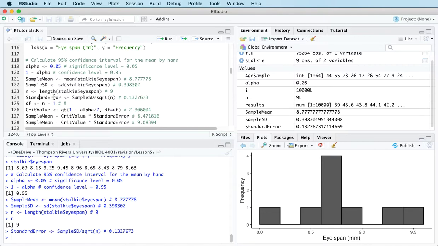And the reason I'm doing that is because I want to be as accurate as I can, and I don't want to lose any accuracy in my calculations when I'm multiplying numbers together and adding them together and so on. So I'm not going to work with the numbers directly. I'm going to work with these objects I'm creating, and that way R will store these numbers to a very high degree of accuracy, and I won't have to worry about making any rounding errors.